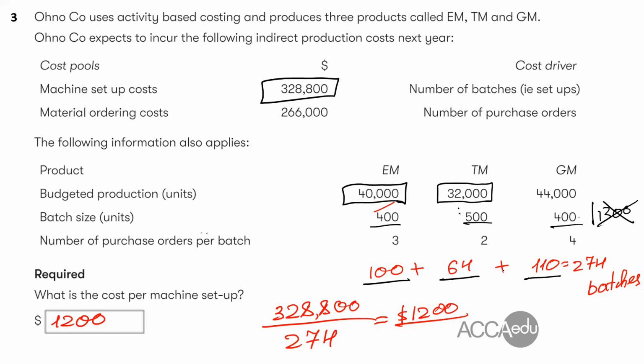We totaled the batches and came up with 274 batches. Now we divide the machine setup cost by 274 because its cost driver is the number of batches. When we divide the machine setup cost by the net number of actual batches, we get $1,200 per batch, per machine setup.